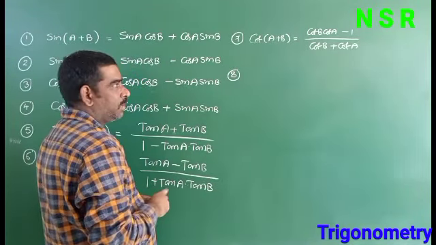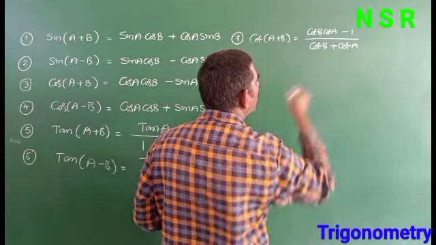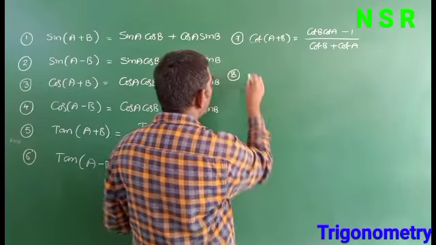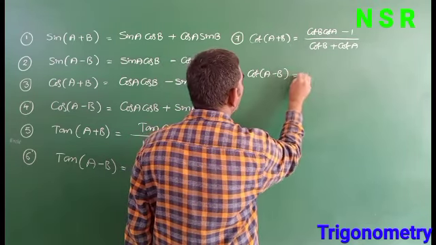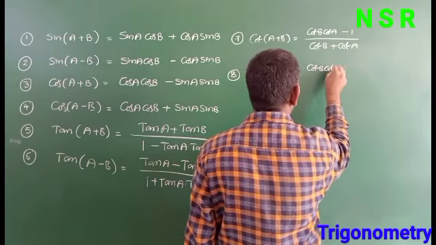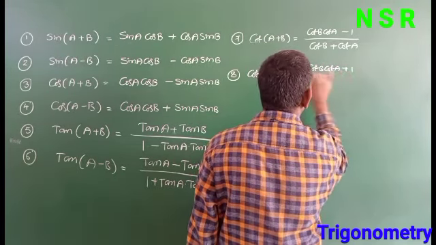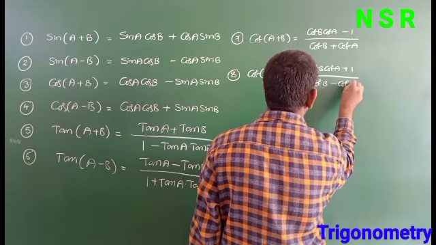The eighth one is cot a minus b. Cot a plus b is cot b cot a minus 1 by cot b plus cot a. Next, cot a minus b is cot b cot a plus 1 by cot b minus cot a.